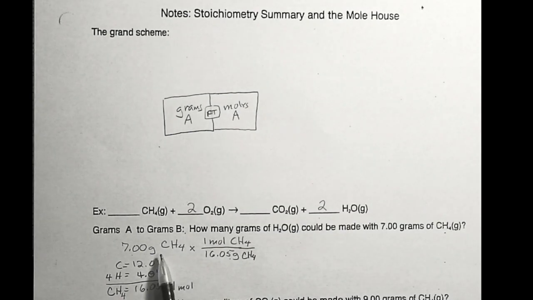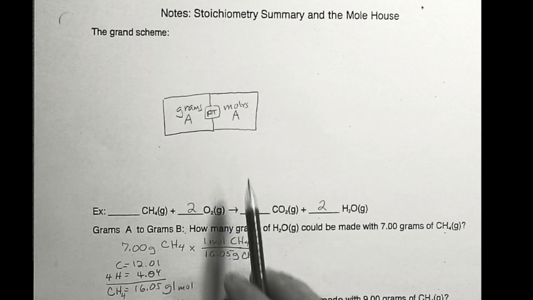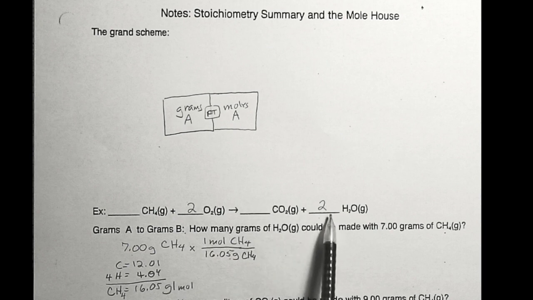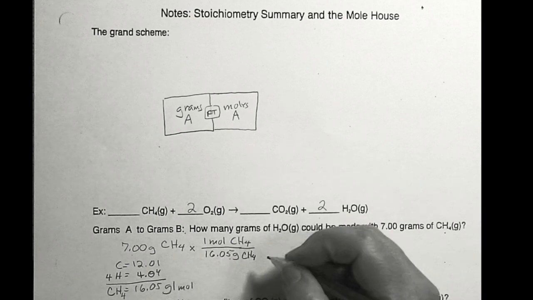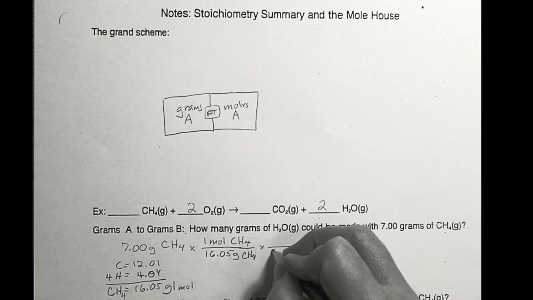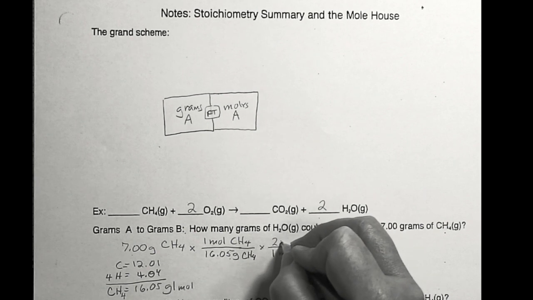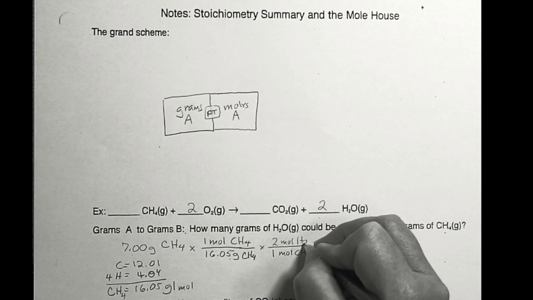So we've gone from grams of CH4 to moles of CH4. Well, now we can use the balanced equation because our goal is grams of H2O. We can say that 1 mole of CH4 produces 2 moles of H2O.